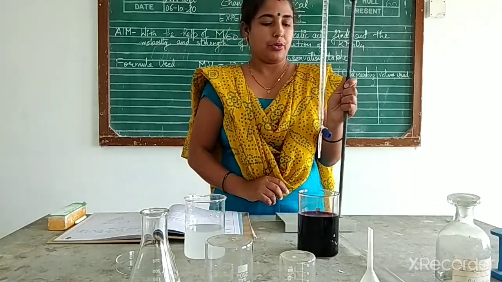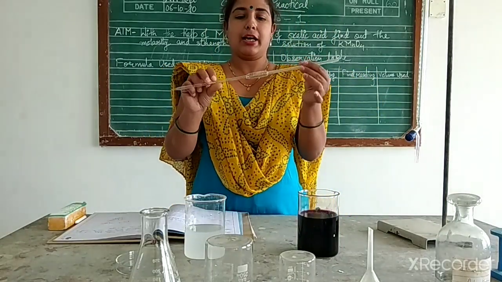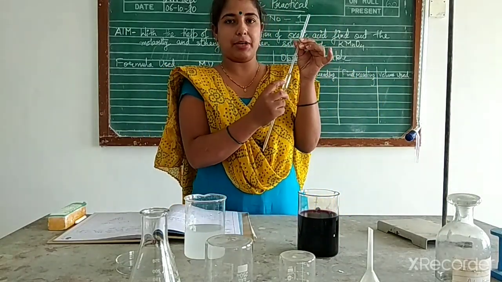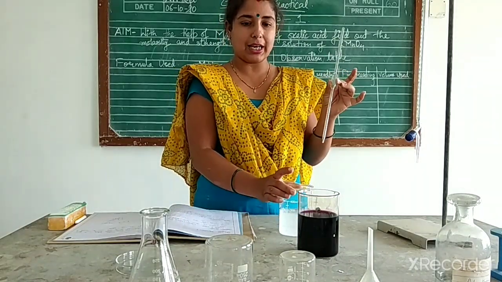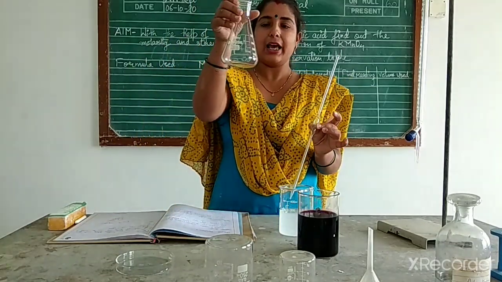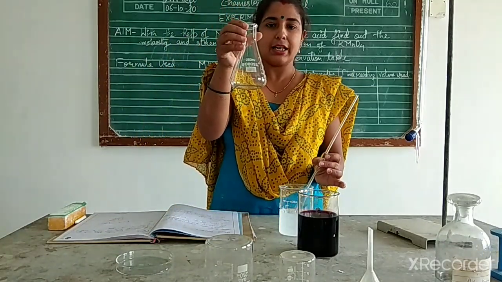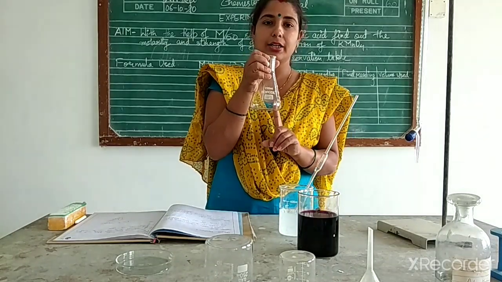And with the help of this pipette, it is of 10 ml, we have to take out 20 ml of oxalic acid and put that 20 ml of oxalic acid in this conical flask. This conical flask is used for the titration.